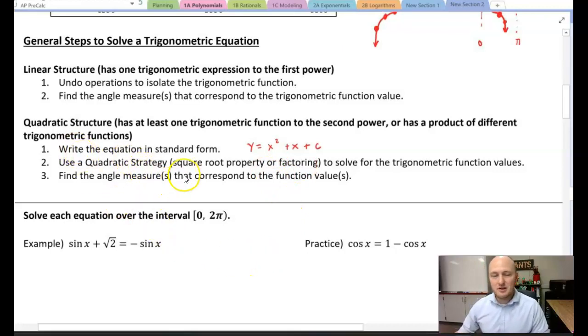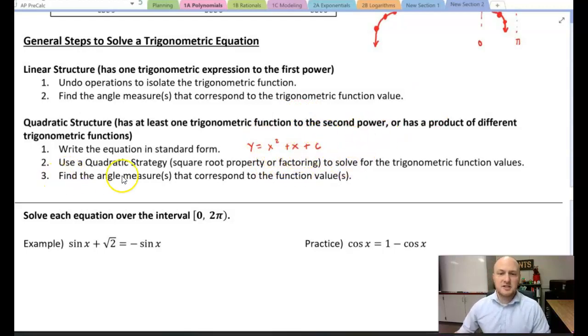This could be the square root property, where if you don't have a linear term, you isolate your x squared and take a square root, or you can factor. We can use a product sum method or factoring by inspection, any of those methods in order to figure out how you can break this down.